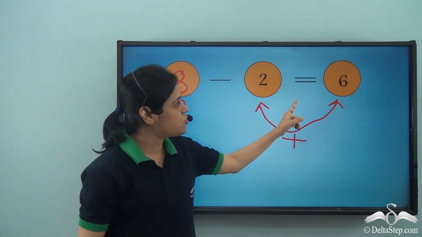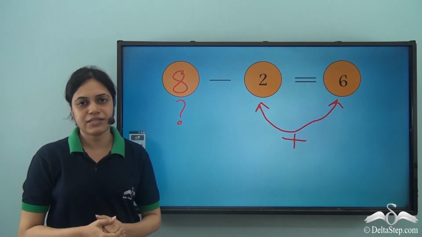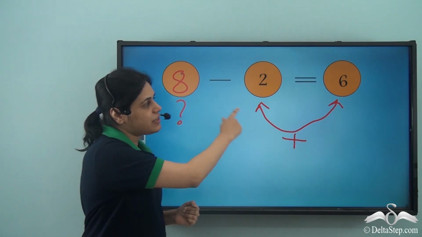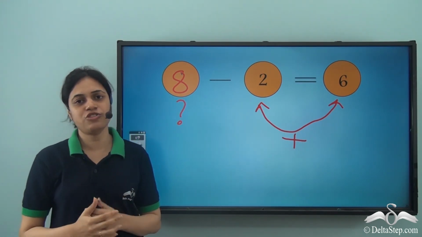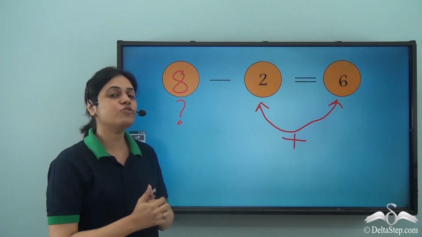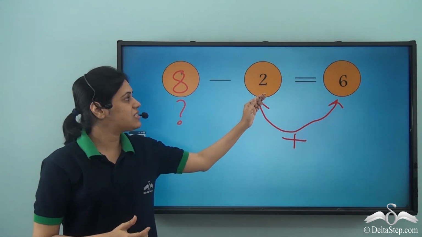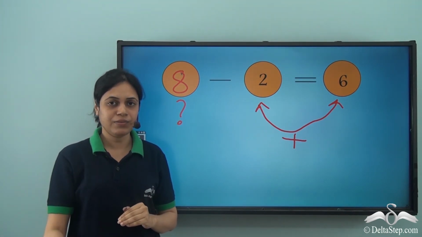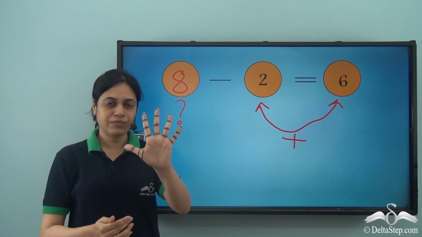8 minus 2 is equal to 6. If you are still not convinced, let's do 8 minus 2 and see whether we actually get 6 or not. So how do we do 8 minus 2? Using finger marks. I start with the number after 2 and go till 8. So I start with 3.